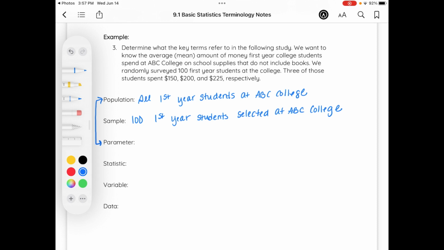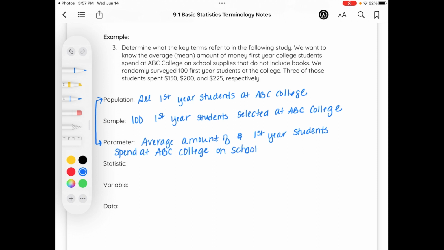So from all of the first-year students at ABC College, we're looking for the average amount of money first-year students spend at ABC College on school supplies, not including books.